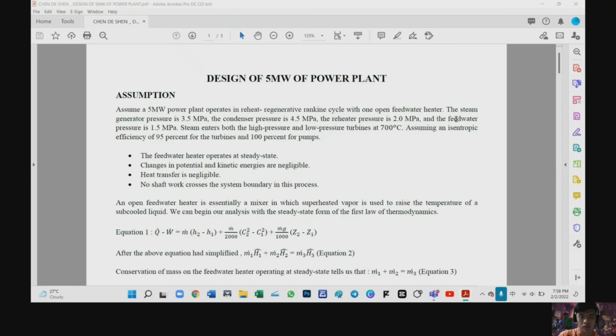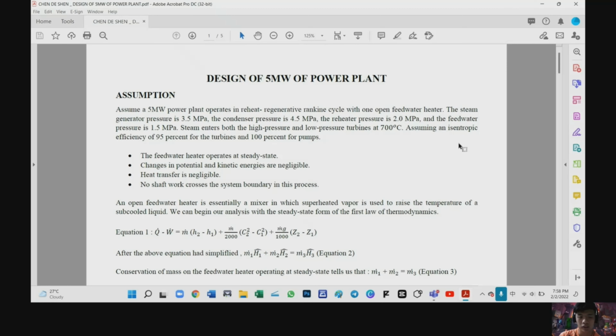To design a 5 megawatt power plant, I assume that the feed water heater operates at steady state. Changes in potential and kinetic energies are negligible. Heat transfer is negligible. No shaft work crosses the system boundary in this process.